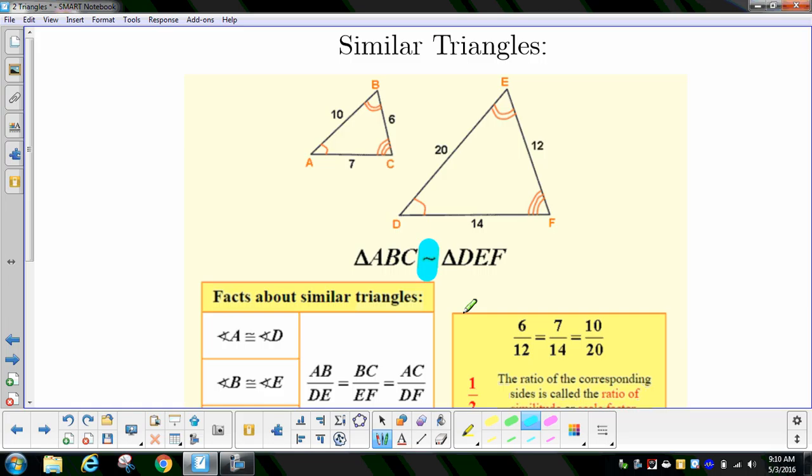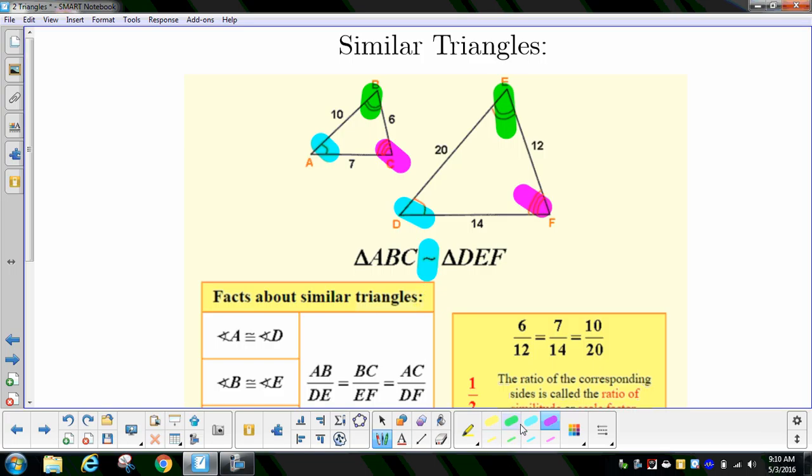All the angles are going to be congruent to each other. So A and D, B and E, C and F. They're congruent. They're the same angle measure. The difference here is that the sides won't be the same length, but they will be in proportion.